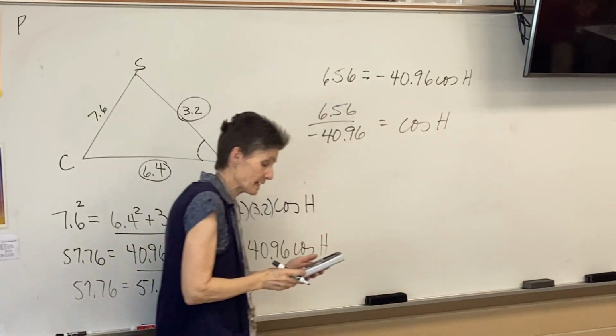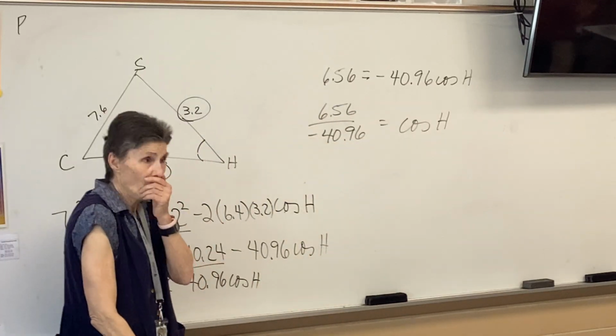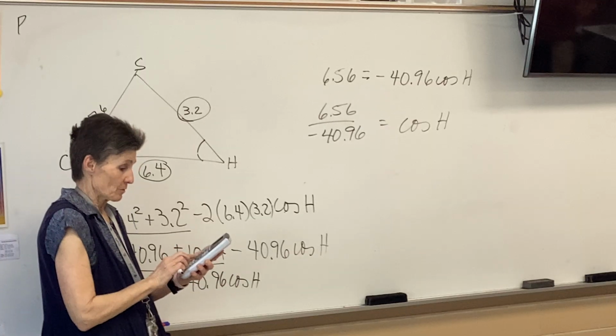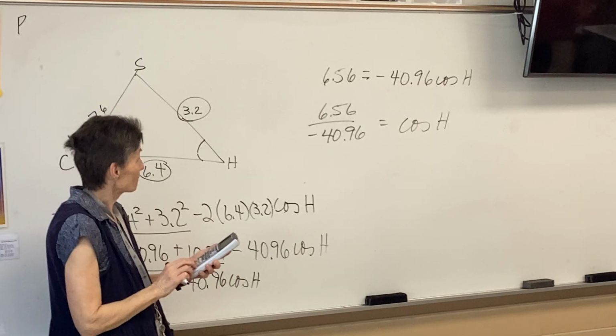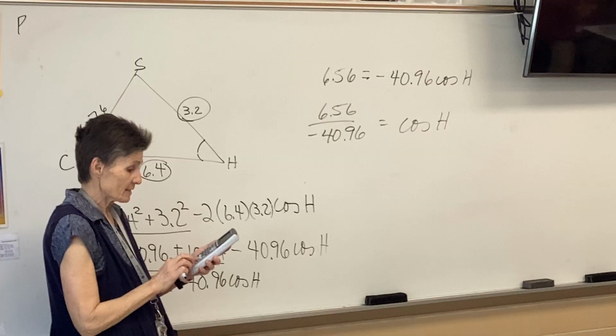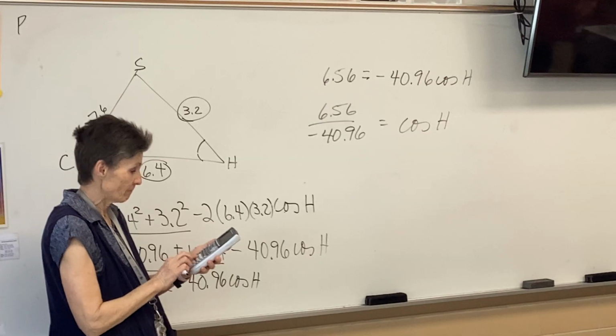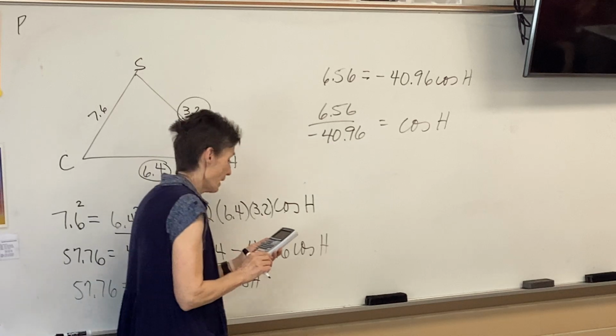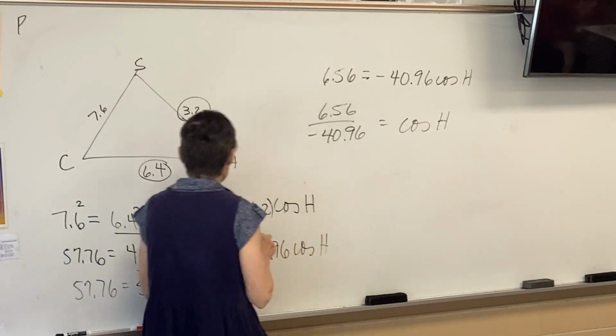And then what will I type in on my calculator? Inverse cosine, 6.56 divided by negative 40.96. I got 99.22.